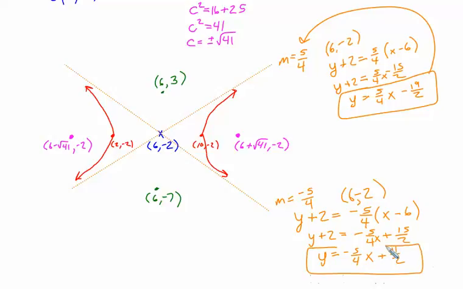That would be our asymptote that's sloping downhill. Please make sure it's clearly labeled. Just have them by where they belong in the picture. So this asymptote going downhill is y equals negative 5/4 x plus 11 halves. The one going uphill is y equals 5/4 x minus 19 halves.